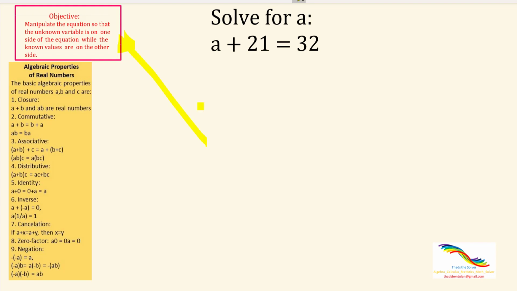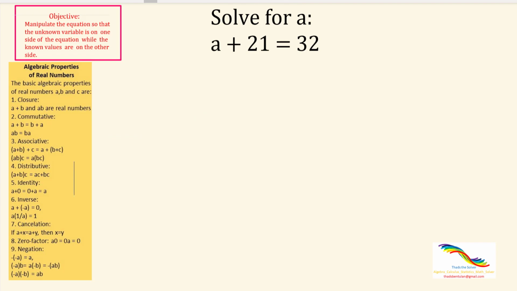And for your convenience, you can refer to the properties here, such as the commutative property, the associative property, the distributive property, the inverse property, and other properties of numbers and of algebra that will help you solve problems.